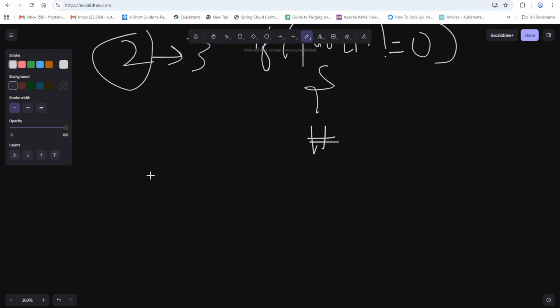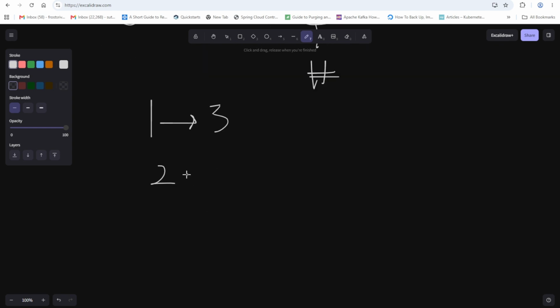Now since we have found the 2 parents, we can safely say that 1 is connected to 3 and 2 is also connected to 3, so we need to remove any one of these to make our graph a tree.